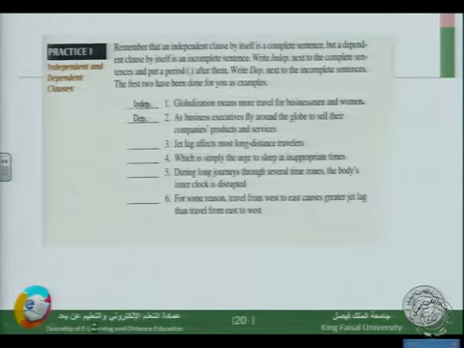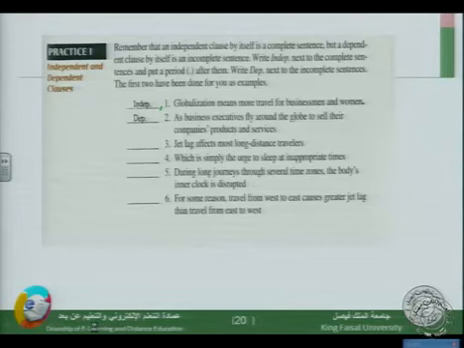Here we have a kind of exercise to define which one is independent and which one is dependent. The first one is already done. Globalization means more travel for businessmen and women.